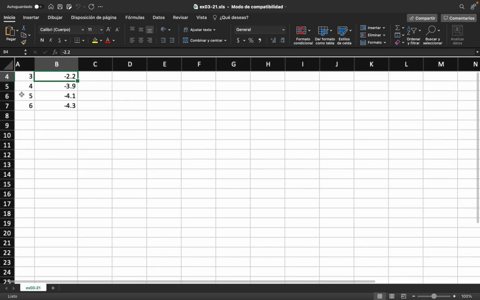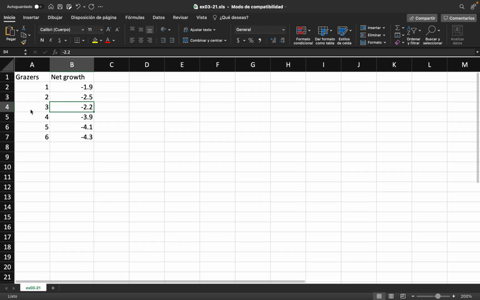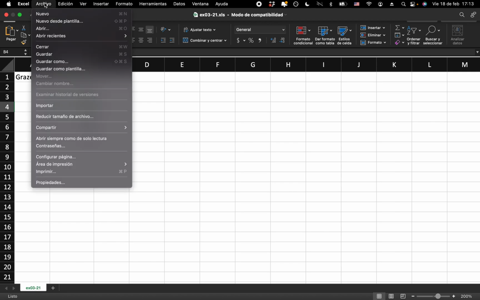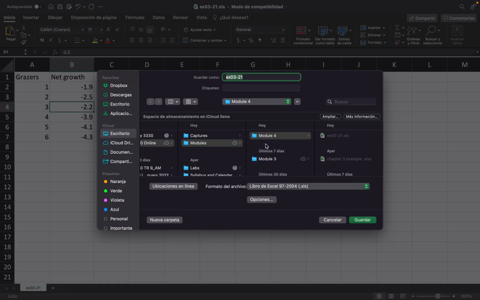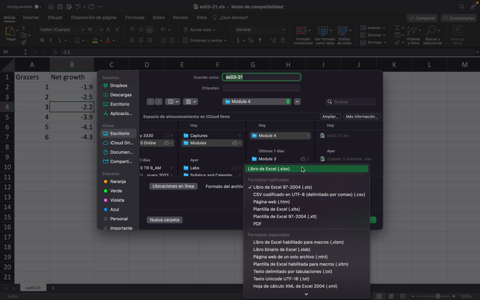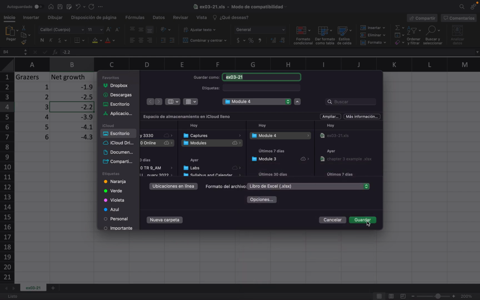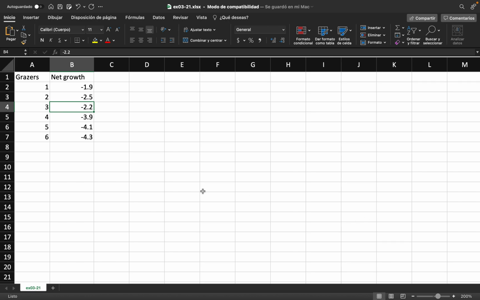So what you can do is open the file in Excel and then again guardar como, in English save as, and save it only with the extension .xlsx, the first one, this one. With that should be enough.